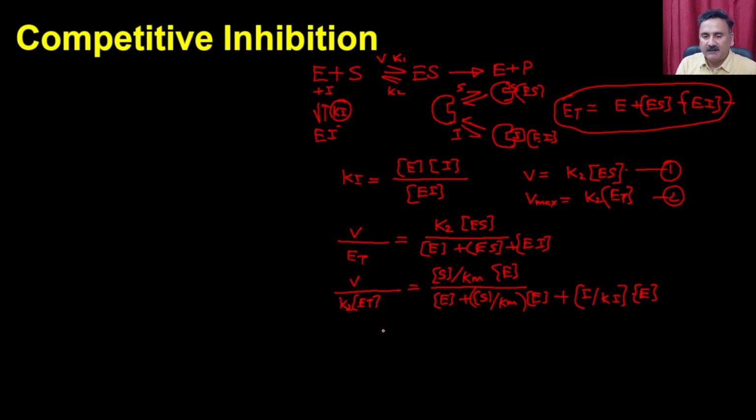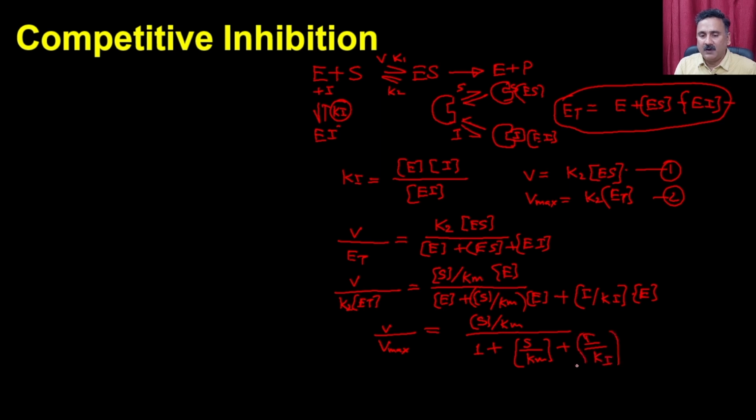And if you solve this, what you are going to get is V divided by Vmax equal to S divided by Km and 1 plus, so this I have taken as the outside, so 1 plus S by Km plus I by Ki.